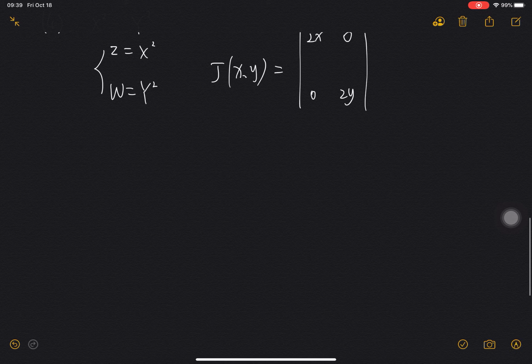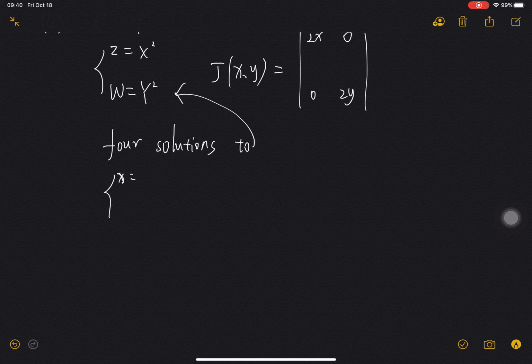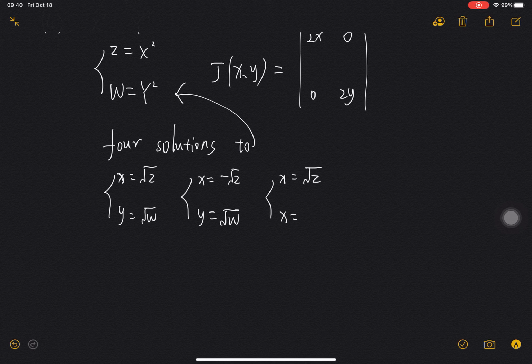And we know that there are four solutions to this function, and it is like this. x could be v, y could be w; x could be minus v, y could be minus.